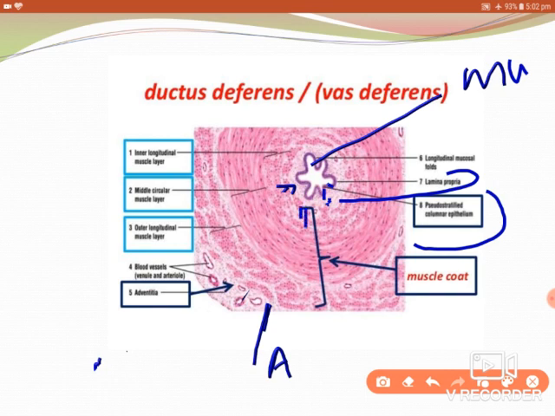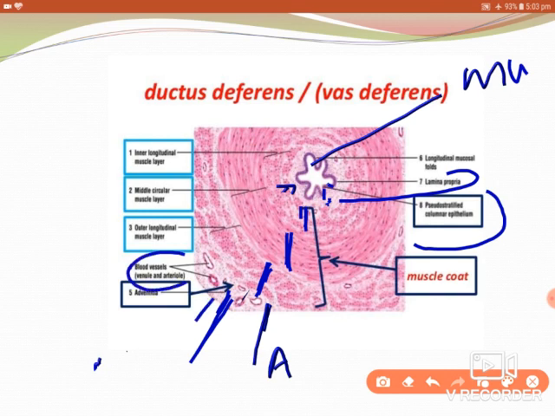This is the inner longitudinal layer, these are the outer longitudinal muscle fibers, and these are the circularly arranged smooth muscle fibers. Then outermost is the adventitia, with connective tissue fibers, nerves, and blood vessels. You can see the blood vessels in this adventitial layer.